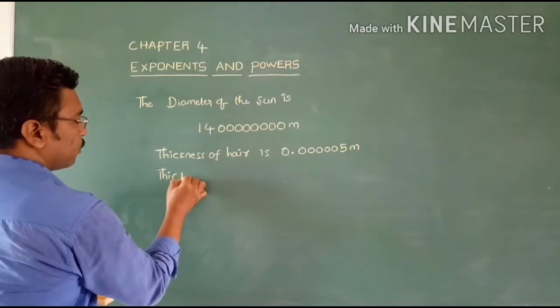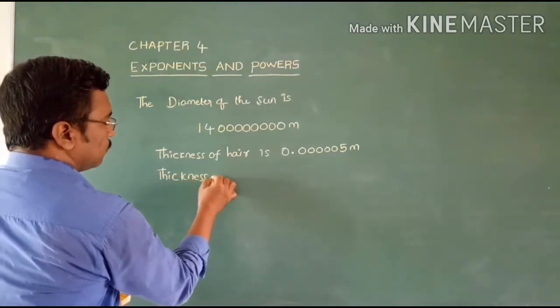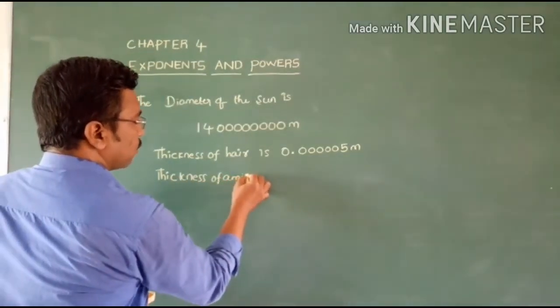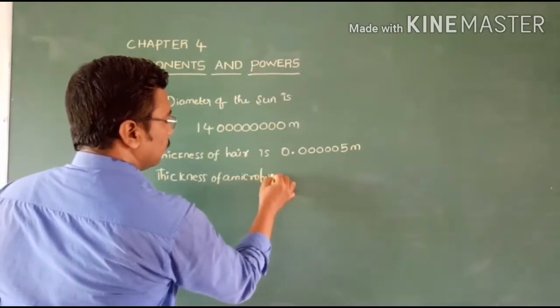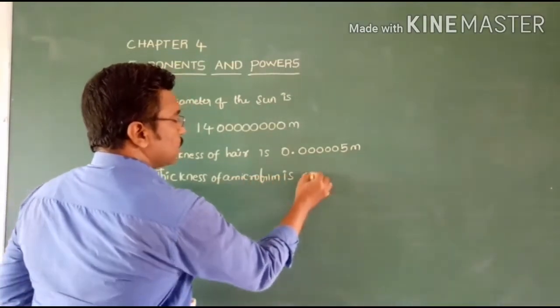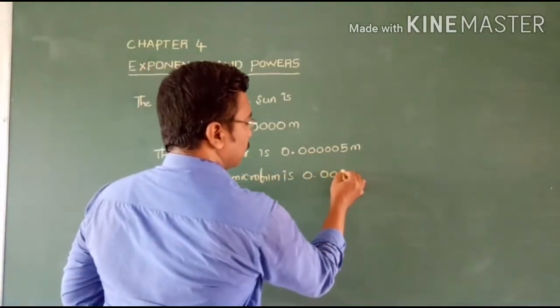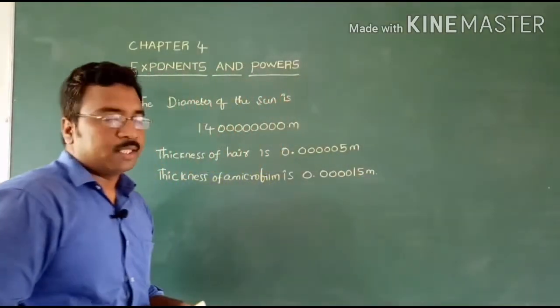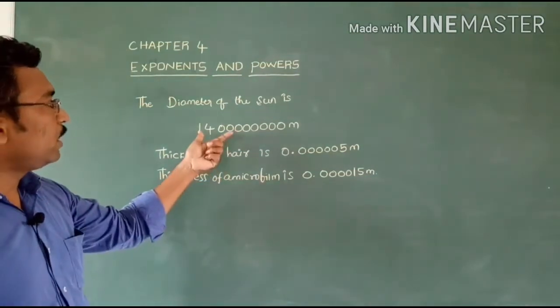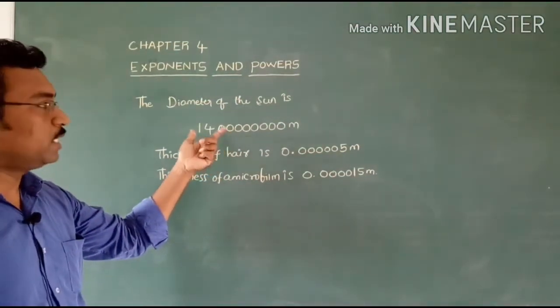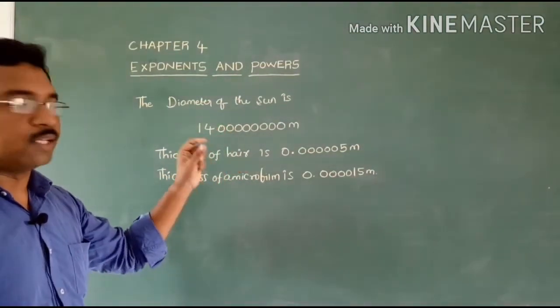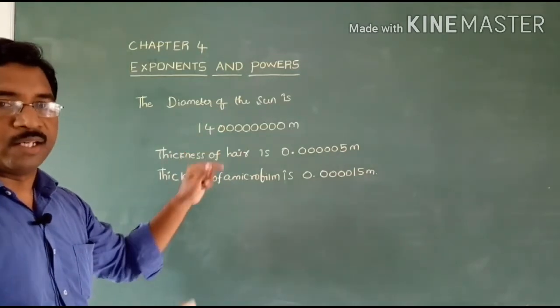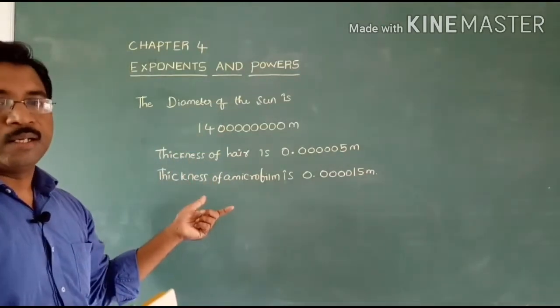The thickness of a microfilm is 0.000015 meters. See here, these are very large numbers. It is very difficult to read and very difficult to write when it is repeated in a problem or in an essay.